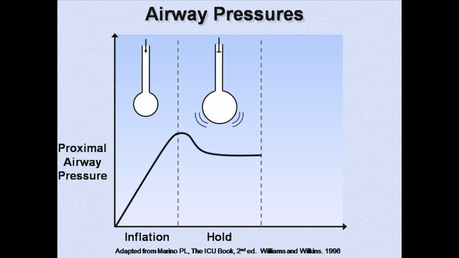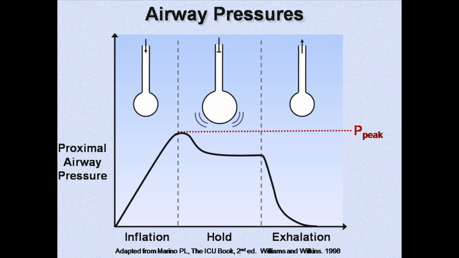After a brief moment, the proximal airway pressure and the intra-alveolar pressure will reach an equilibrium. Finally, at the moment the occlusion to expiration is removed, the lung's intrinsic elastic recoil will push air back out as airway pressure drops again. This maximum pressure at the termination of lung inflation or inspiration is the peak pressure. The equilibrium pressure achieved during the end inspiratory hold is the plateau pressure.